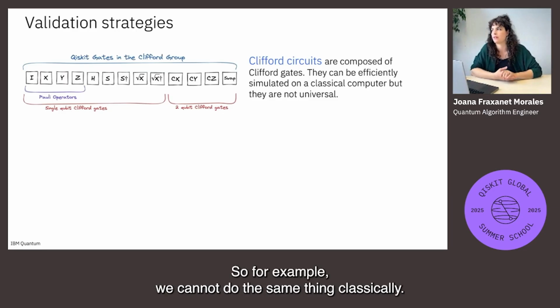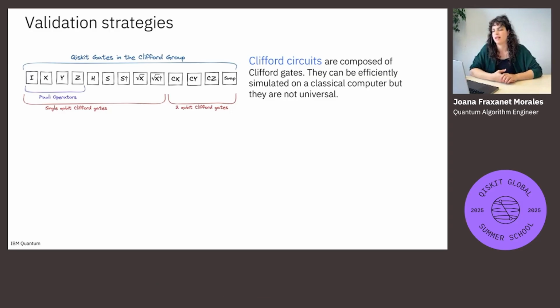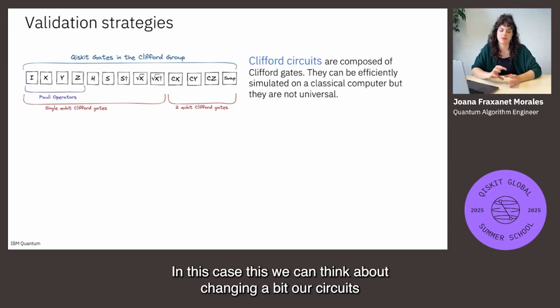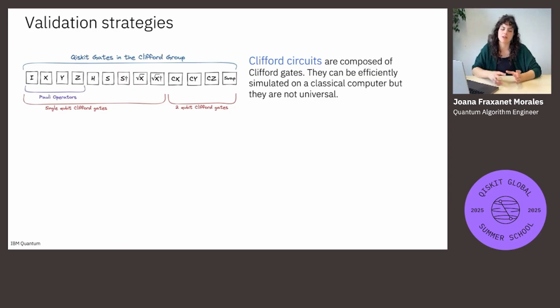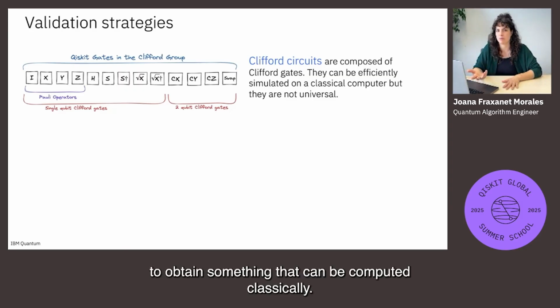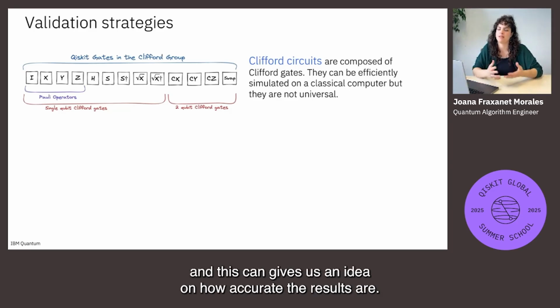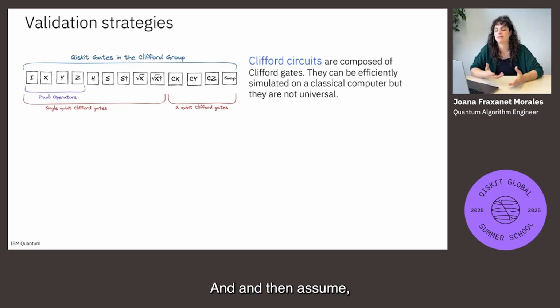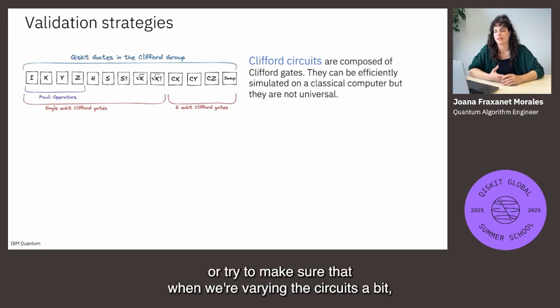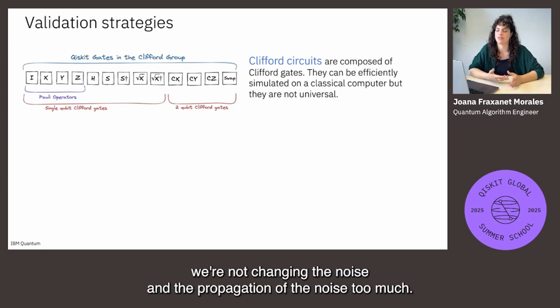For example, we cannot do the same thing classically. In these cases, we can change our circuits a bit to obtain something that can be computed classically, then check if the result we obtain is similar to the classical one. This can give us an idea of how accurate the results are, and we try to make sure that when we vary these circuits a bit, we're not changing the noise and the propagation of the noise too much.